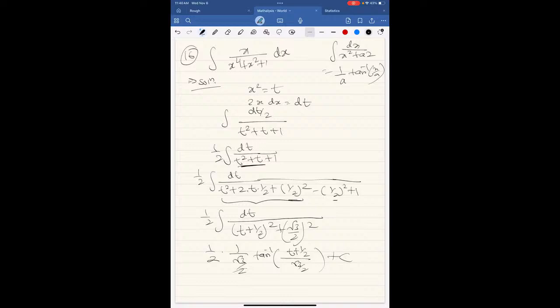So 2 cancels out, it's 1 by root 3 tan inverse (2t plus 1) by root 3 plus c. We know that t is just x square, right? So it's 1 by root 3 tan inverse (2x square plus 1) by root 3 plus c. That's the answer. I think you get it, right?